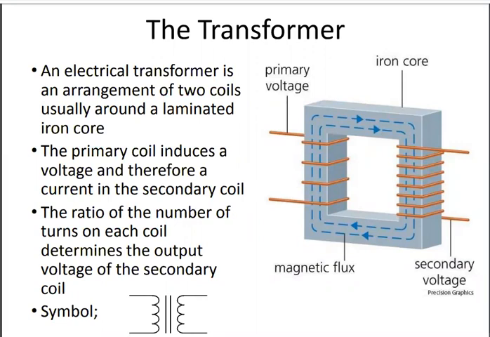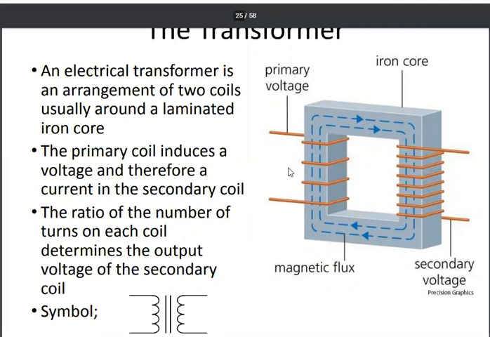So this change in electric current or voltage at the input level of the coil is transferred to the secondary coil and hence appears as output as induced voltage or induced current.